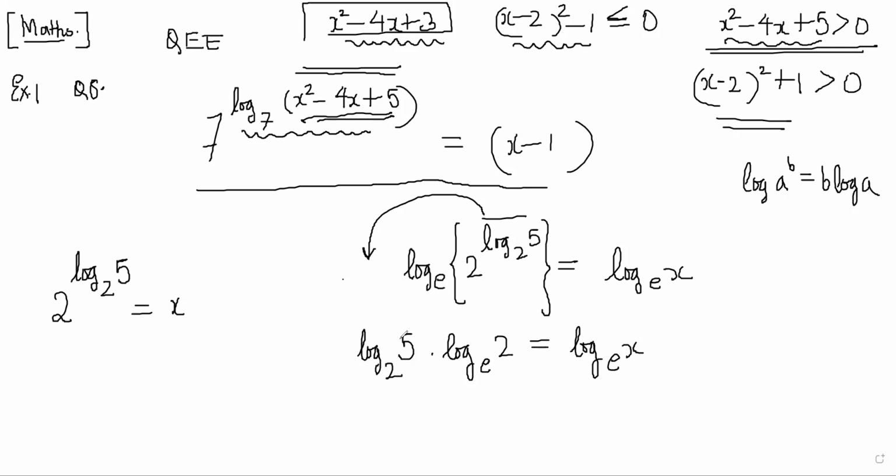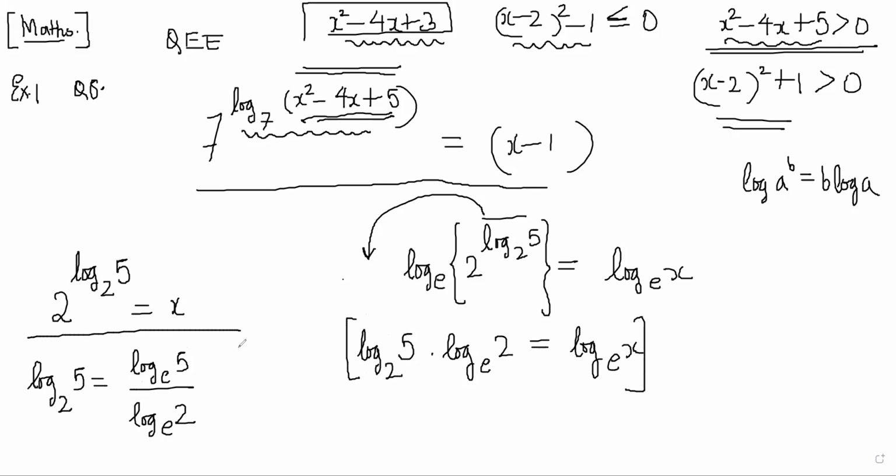Now, do you know about the base change property of logarithm? Yeah, I know. So what you can say is log base 2 of 5 can be written as log base e of 5 by log base e of 2.